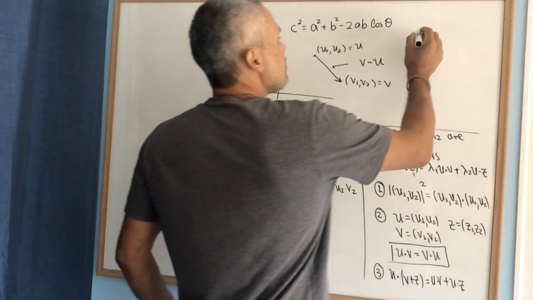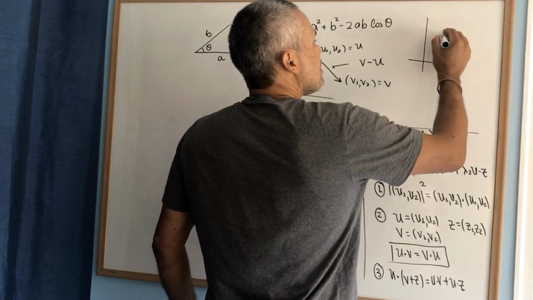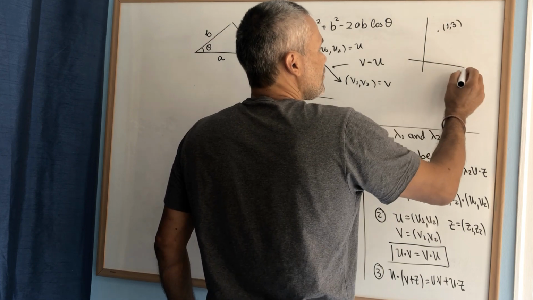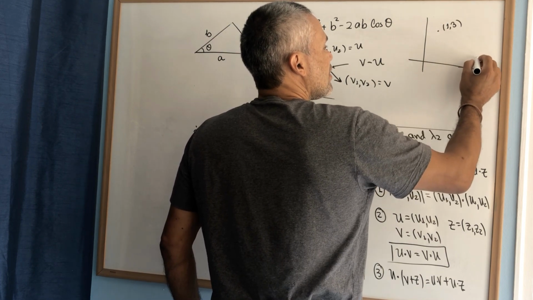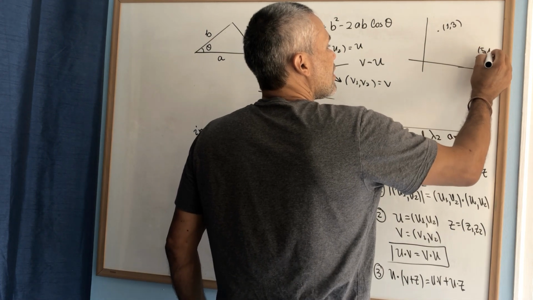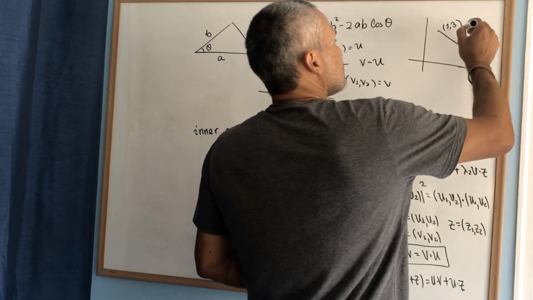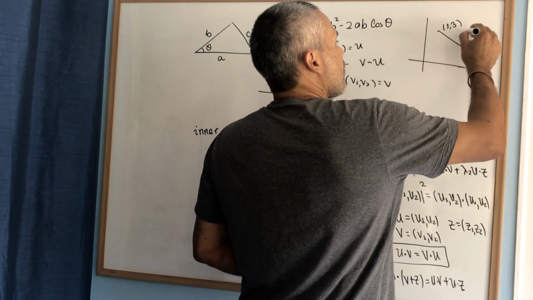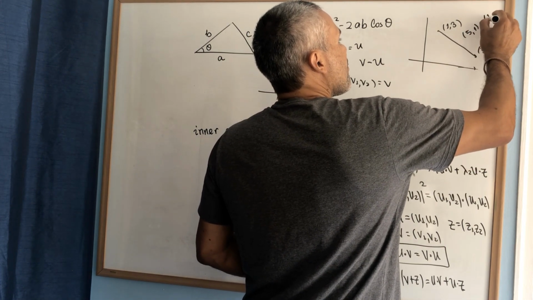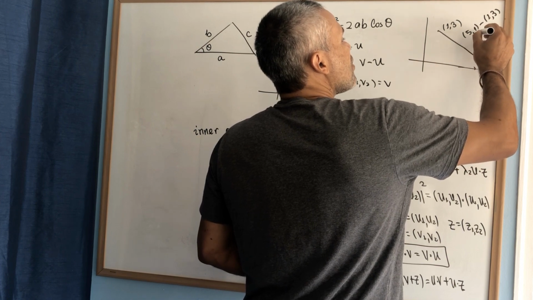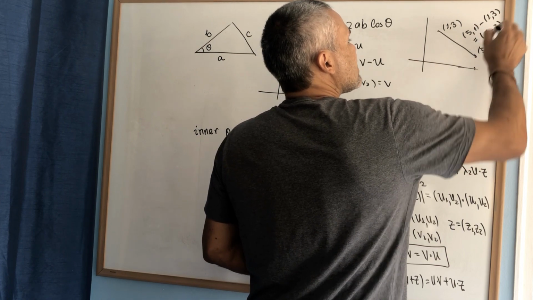As an example, if this is (1, 3) and here we have (5, 1), then this vector is (5, 1) minus (1, 3), which is the vector (4, -2).